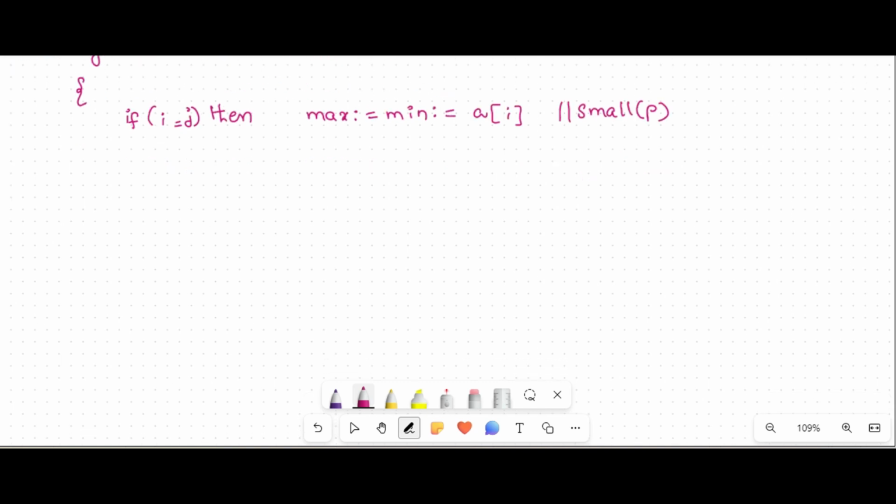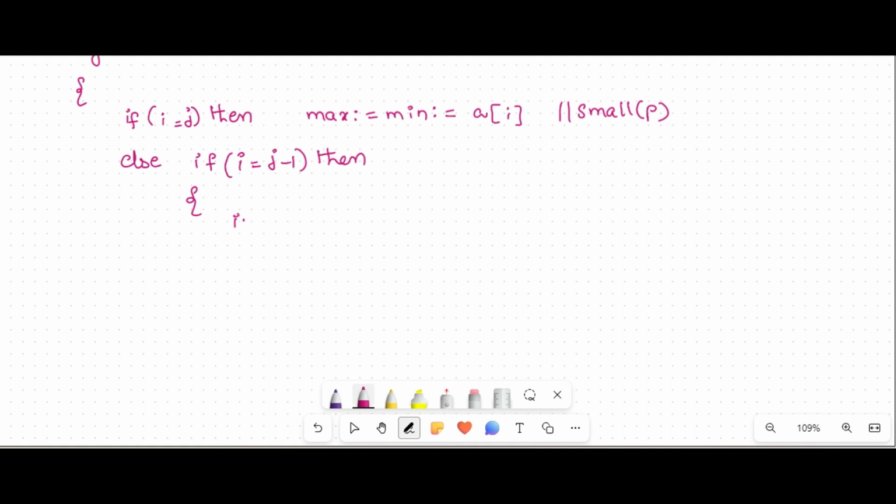Now the next one, case 2. That means the array consists of more than one element. If i equal to j minus 1, then that means two elements are there. What we have to do? We have to compare those two elements.